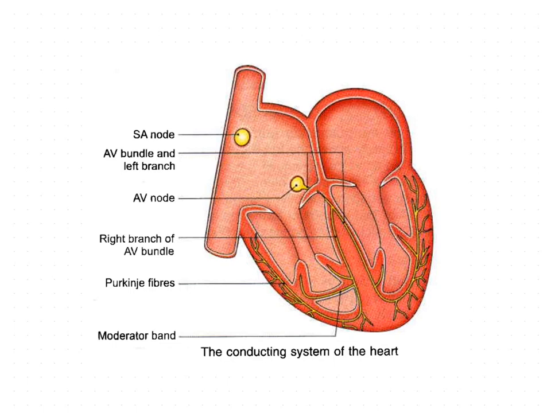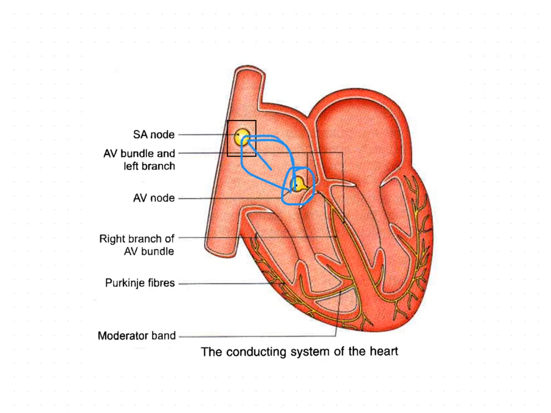So the conducting system of the heart includes the following parts. One is the sinoatrial node. The other is the atrioventricular node, AV node, and also the internodal pathways.